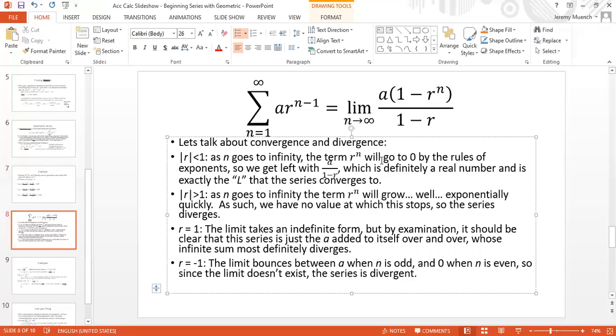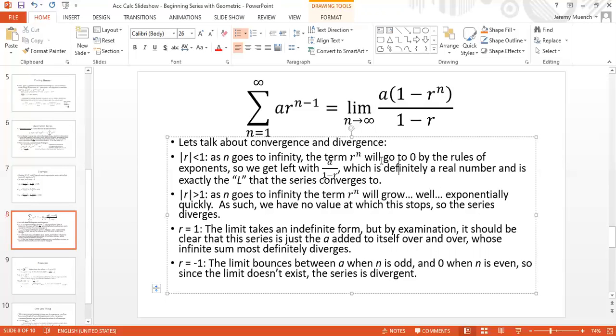And by rules of exponents, when r to the n is treated as a limit as n goes to infinity, if r is strictly between -1 and 1, then this power is going to go to 0.